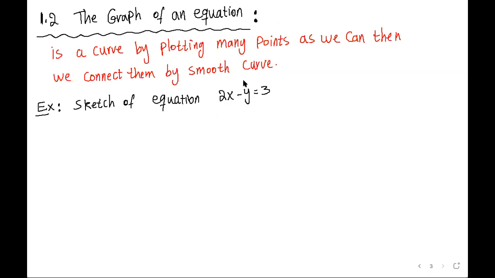First of all, we have to solve this equation in terms of y. We have to make this equation y equal something. So how can we make this equation y equal something? What do we have to do?